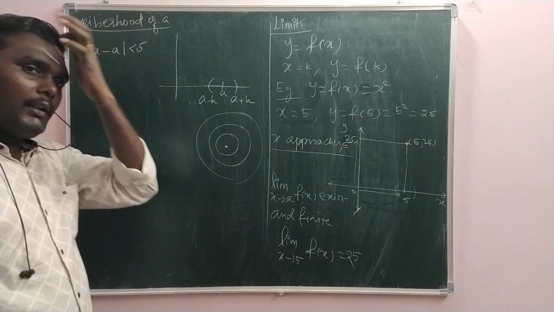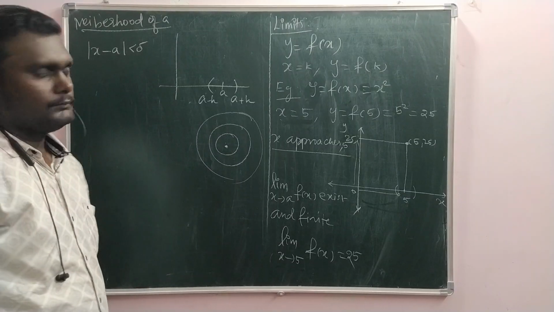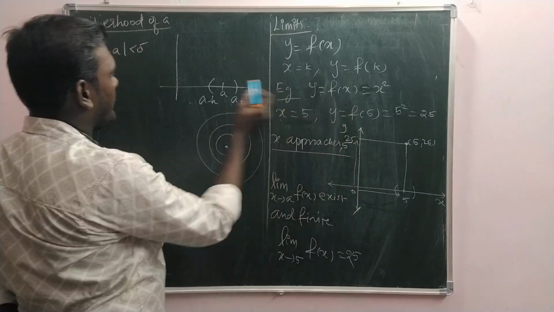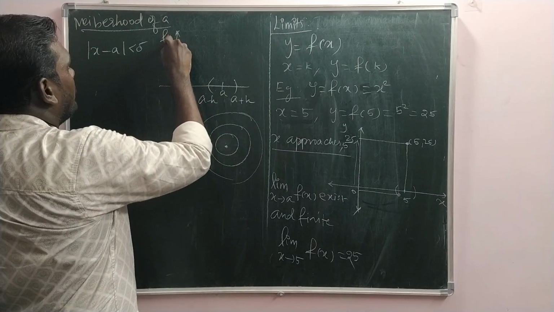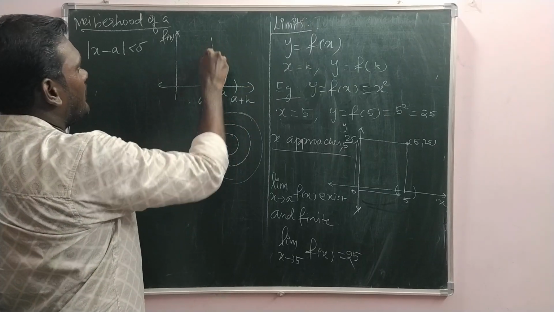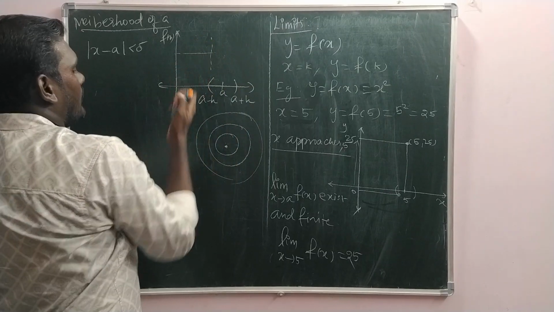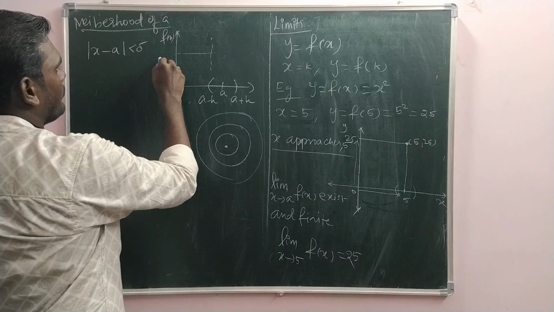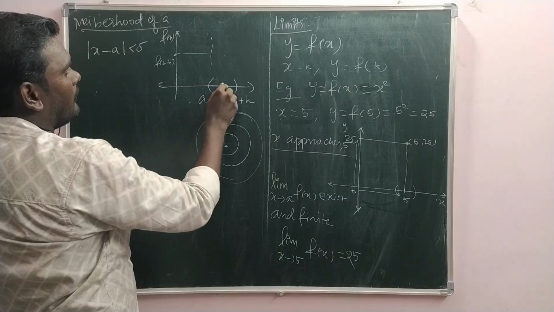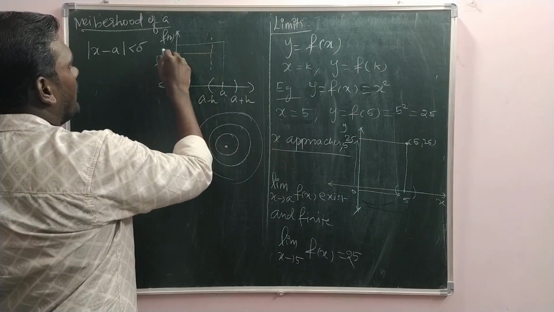Delta is what? A very small quantity. Okay, this neighborhood. So what will be the behavior of f of x here? So here f of x is there, right? That is y. So for a minus h we will be having f of a minus h, this point. For a we will be having f of a.